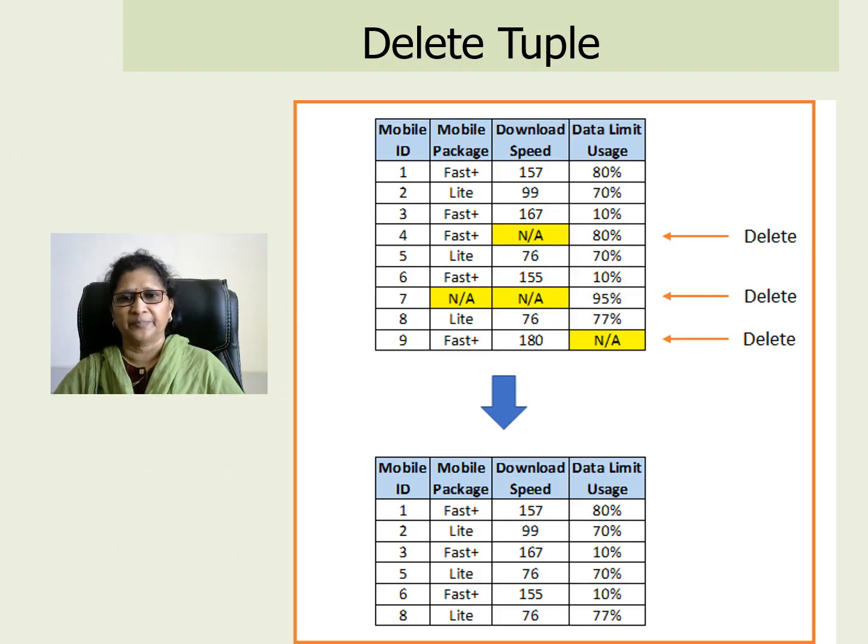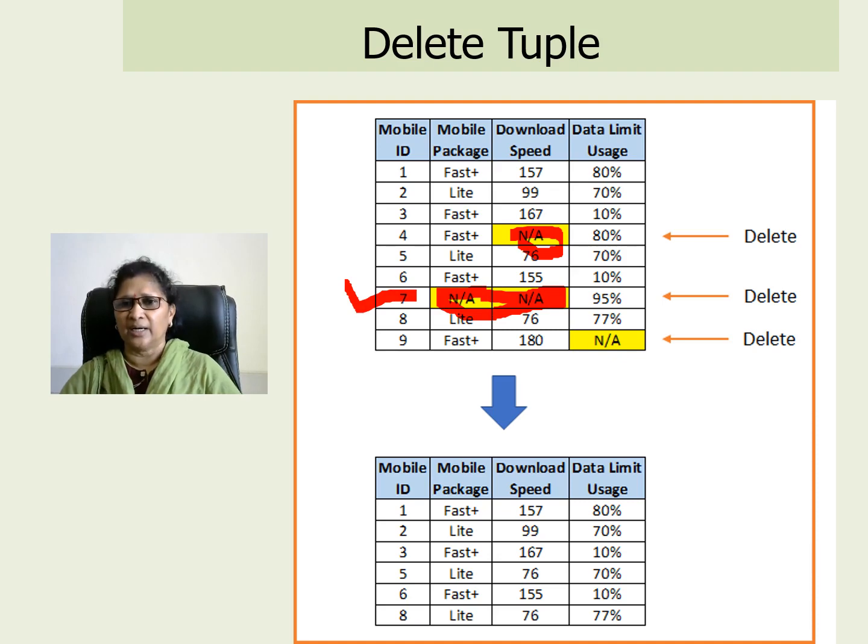Look at this. As we learned, there are two approaches. Either we can delete a whole tuple or we can delete a whole attribute. These are the attributes which are missing. This was a missing value. Then this is the missing value. So if you look at this seventh tuple, then both the attribute values are missing. Only the third one is available, and here one value is missing, and here also one more value is missing.